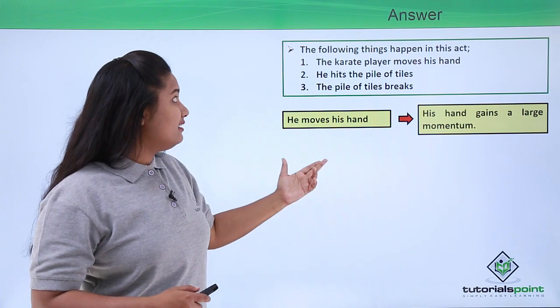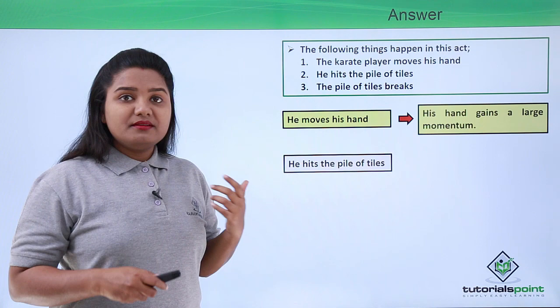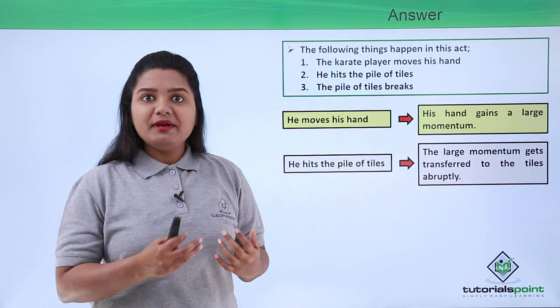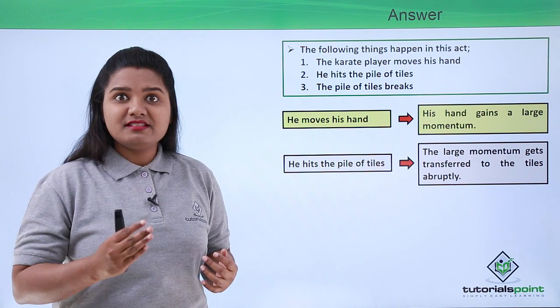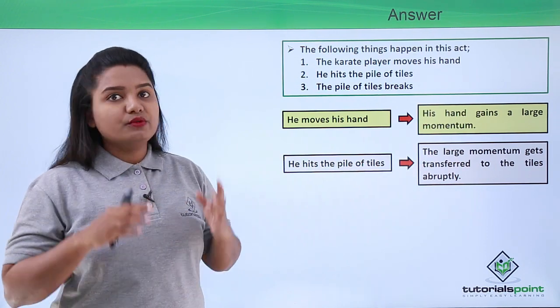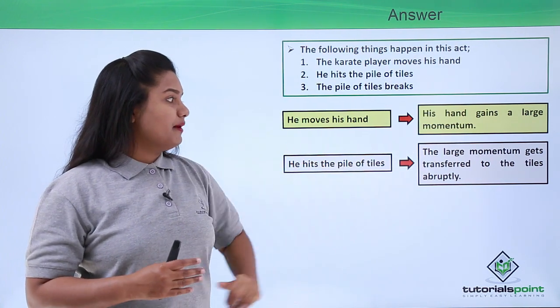Now the second thing that happens is he hits the pile of tiles. In this step, the large momentum that his hand has gained by quickly moving is fully transferred to the pile of tiles, and it is done very abruptly.